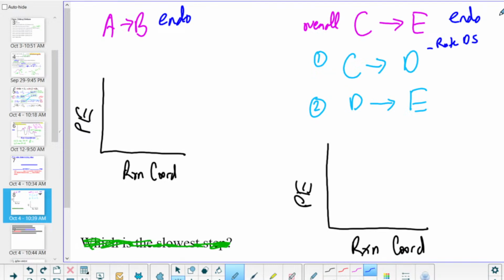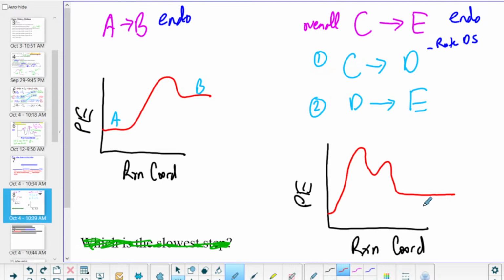So, what you should have, and what everybody does seem to have, now label these. You will have them, this goes from A to B. You will have some version, now the first step was endothermic, so it's going to go like there, and then there.